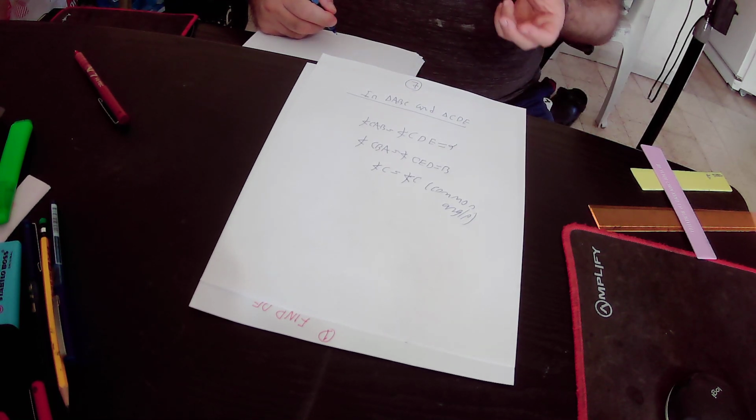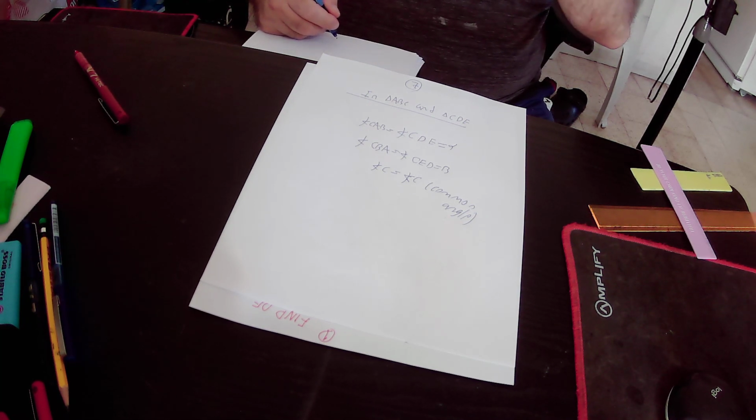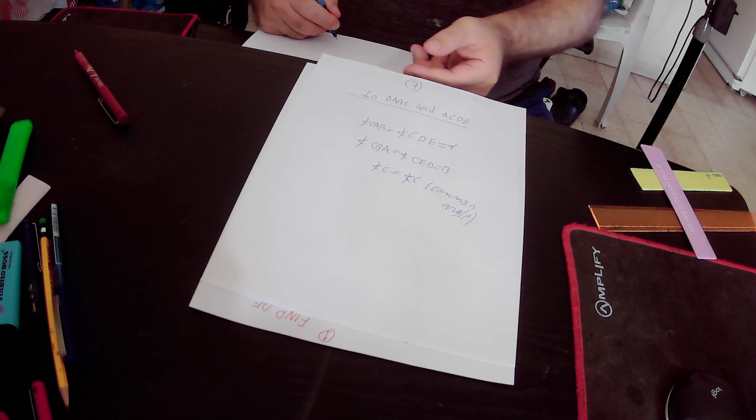So we actually proved that all the angles of triangle ABC are equal to all the angles of triangle CDE. Therefore, we proved that triangle ABC is similar to triangle CDE according to angle similarity rule.